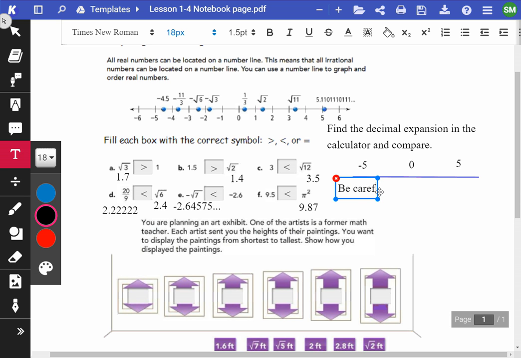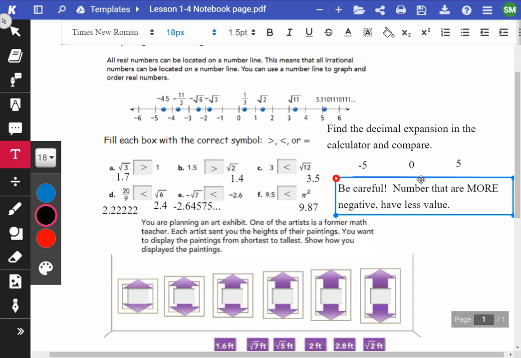Numbers that are more negative have less value.